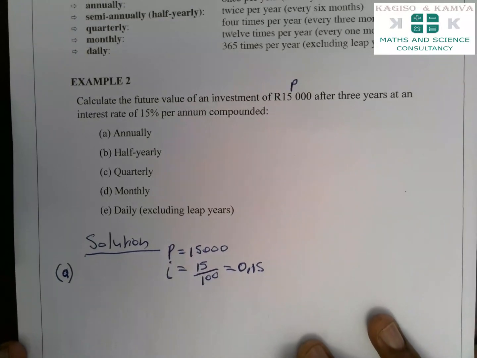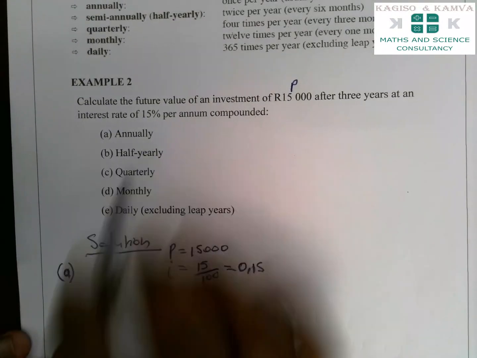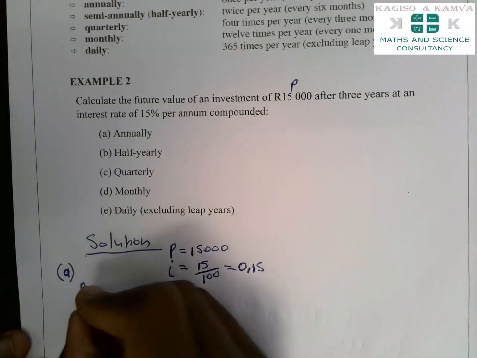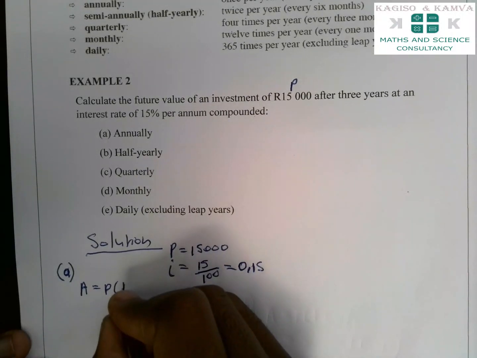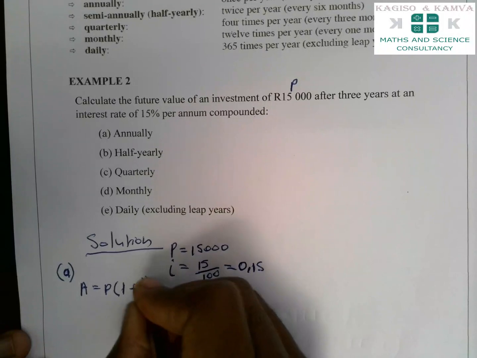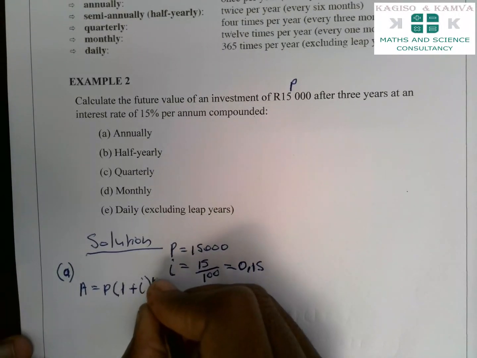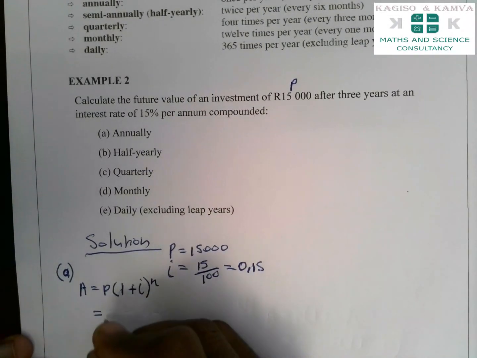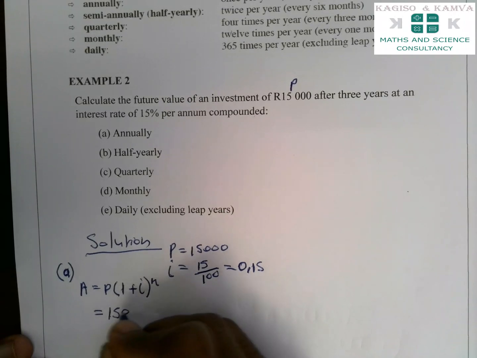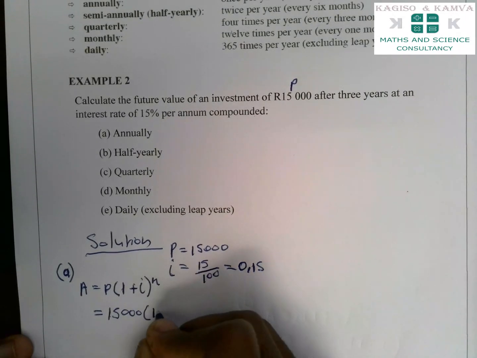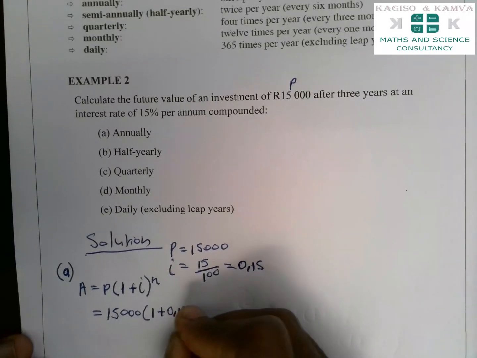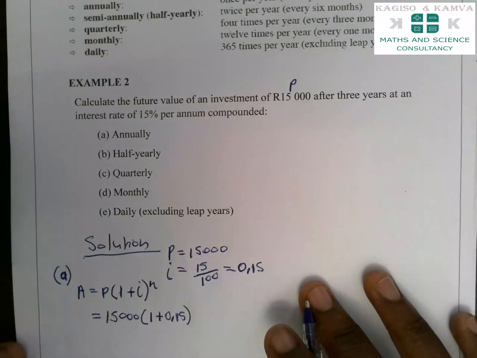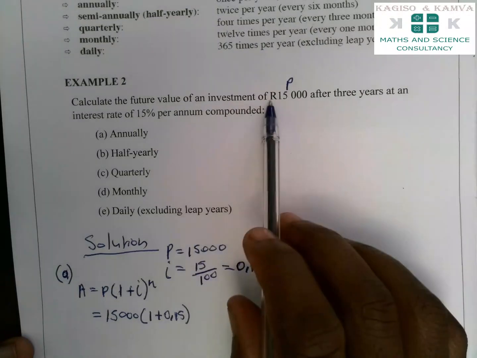So now let us do A. A is equal to P into (1 plus i) to the exponent n. So this is going to be 15,000 into (1 plus 0.15), because it is annually, for how many years?